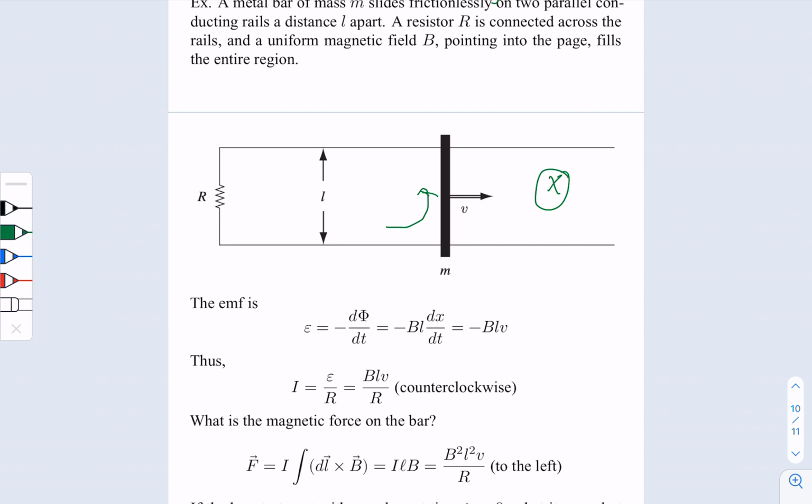Because this EMF is induced by the magnetic force, we can also calculate the magnetic force along this loop, which from the derivation before is the same: I times dl cross B. In the end you will get the result over here, but the direction of this magnetic force will be towards the left.